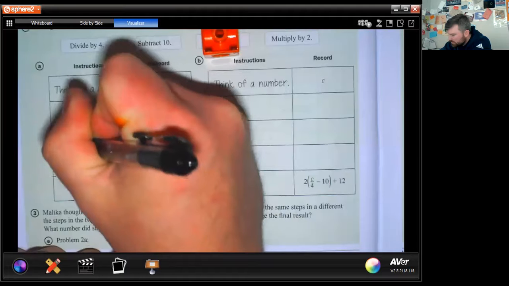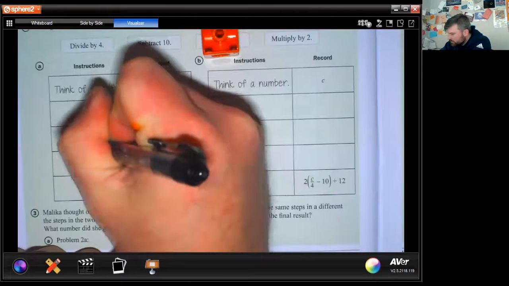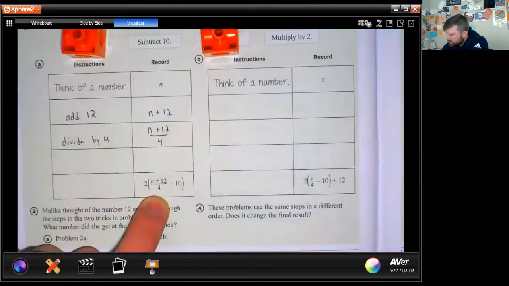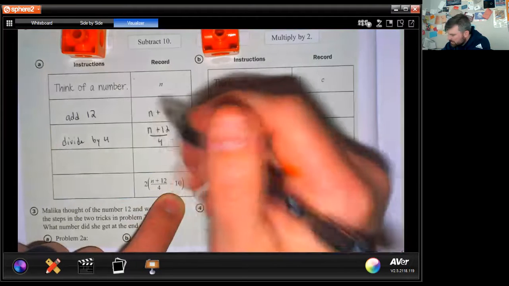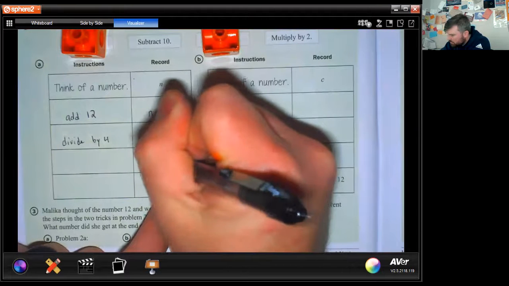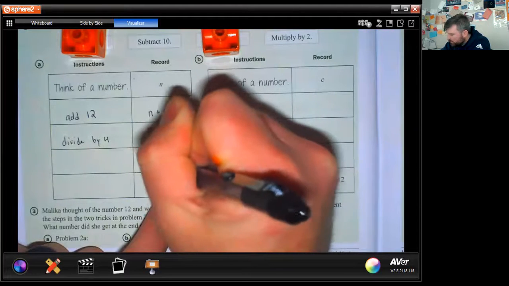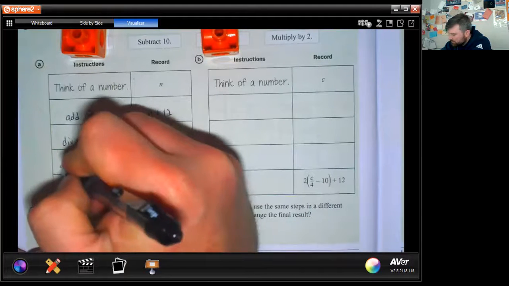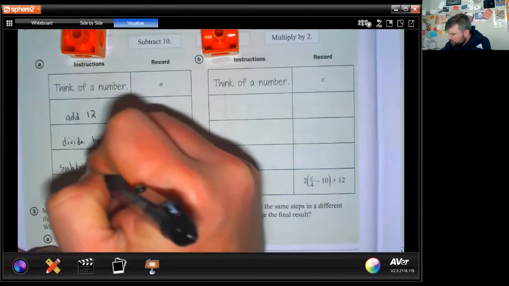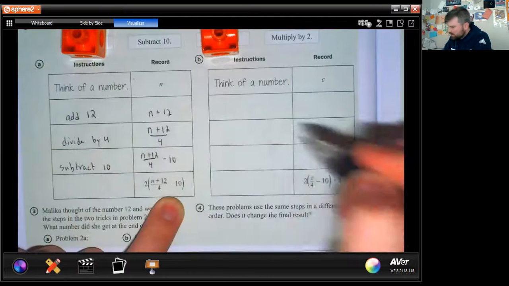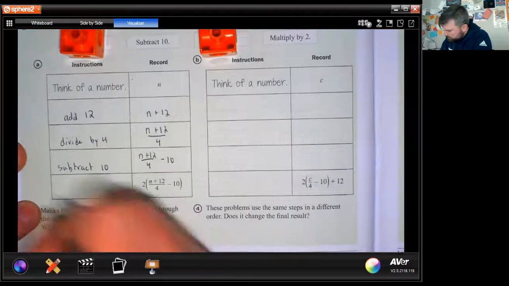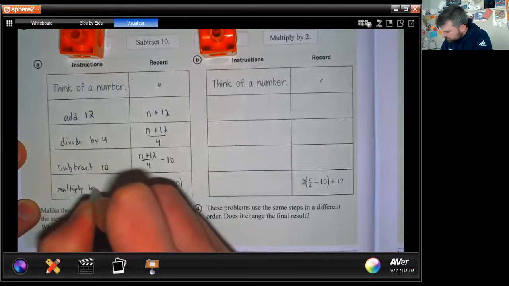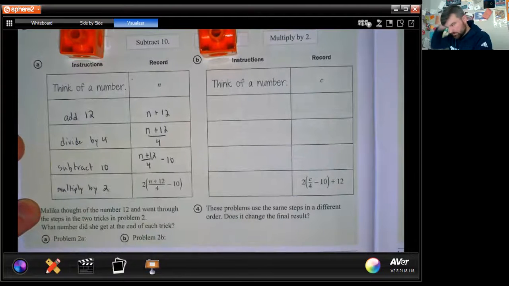So divide by 4, which is right there. And then they subtracted 10. So you have n plus 12 over 4 minus 10. Right there's a subtract 10. And then they multiply by 2, which was right there.